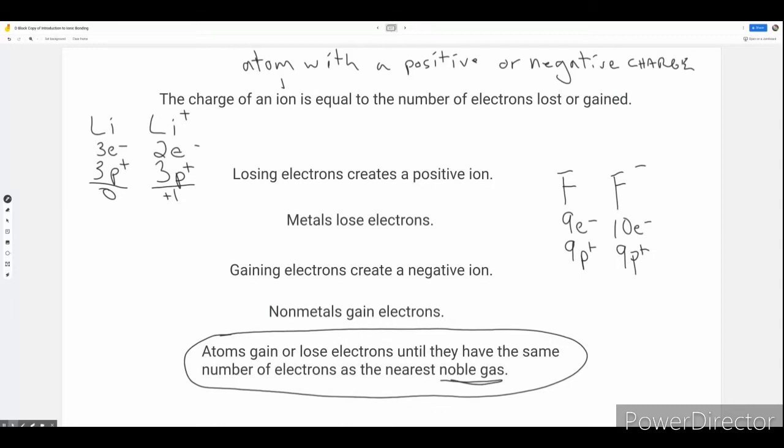So they'll move by gaining or losing electrons in terms of the number of electrons until they get to one of the noble gases or the configuration of one of the noble gases. And what determines whether they add electrons or lose electrons is kind of what's the shorter path to get to a noble gas.